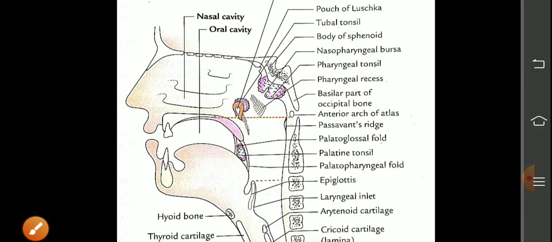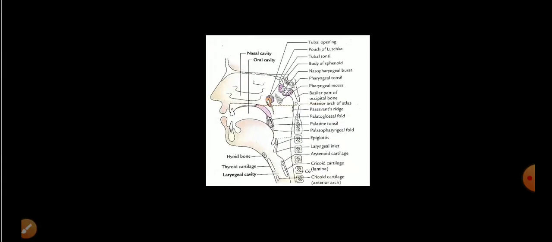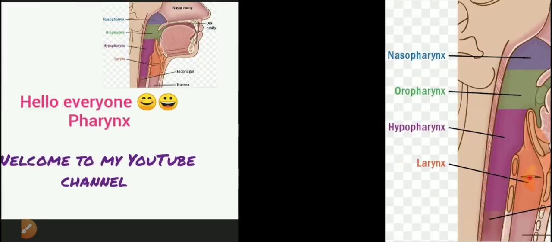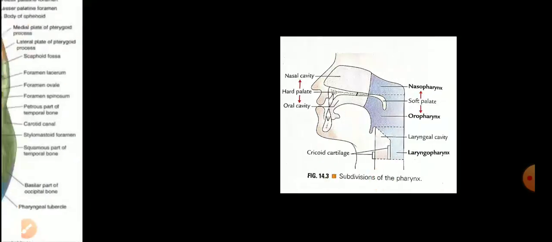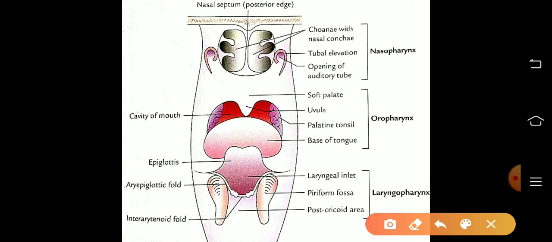Now another important feature is the orifice of the pharyngotympanic tube. This is the orifice of the pharyngotympanic tube.